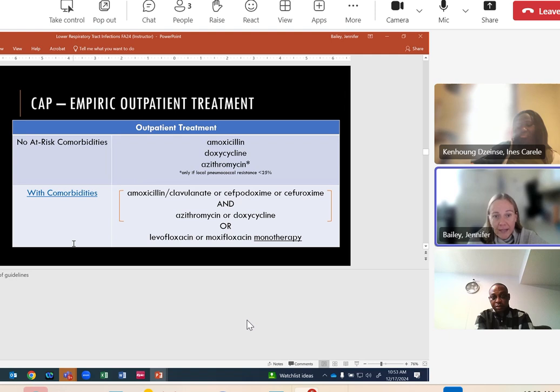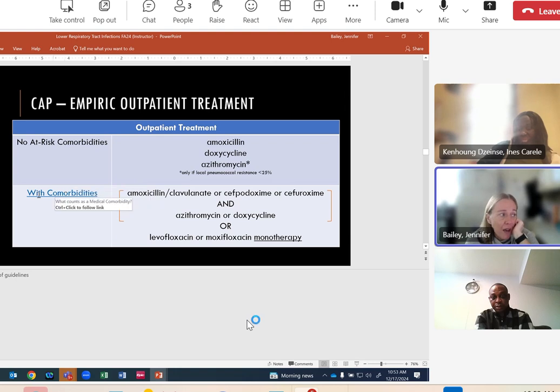Okay, so then in terms of treatment for outpatients, there are 2 pathways of treatment. Outpatients who are otherwise healthy can get a simplified regimen that includes either amoxicillin, doxycycline, or sometimes azithromycin. But these are going to be uncommon because there's not a lot of patients who are going to get pneumonia that don't have a comorbidity or a chronic condition.